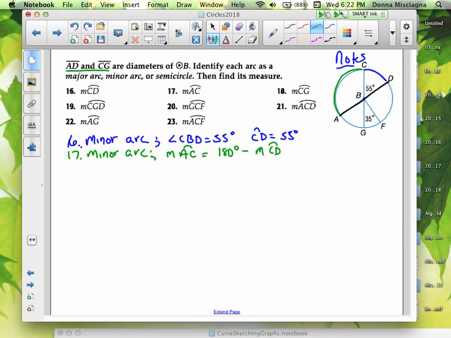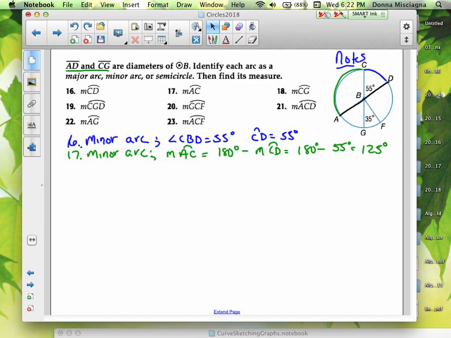So that's 180 degrees minus 55 degrees, which is 125 degrees. That's all there is to that one.